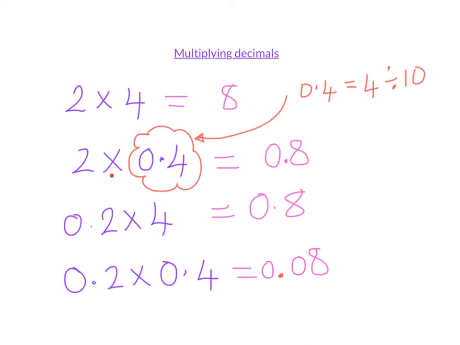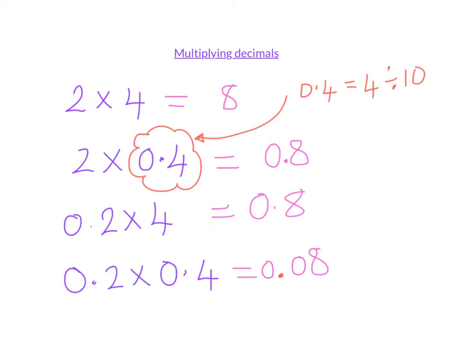In this question, we had one number after the decimal point, and our answer had one number after the decimal point. Again, in this question, one number after the decimal point, one number after the decimal point. And in the last question, we had one number here after the decimal point and another one. So we had 2 numbers after the decimal point. And in our answer, we have 2.